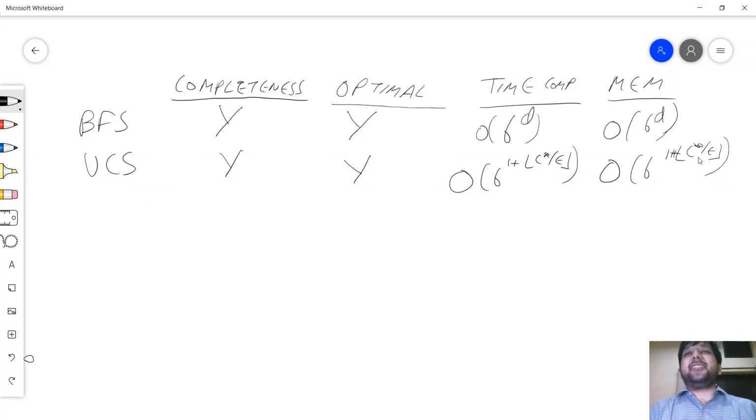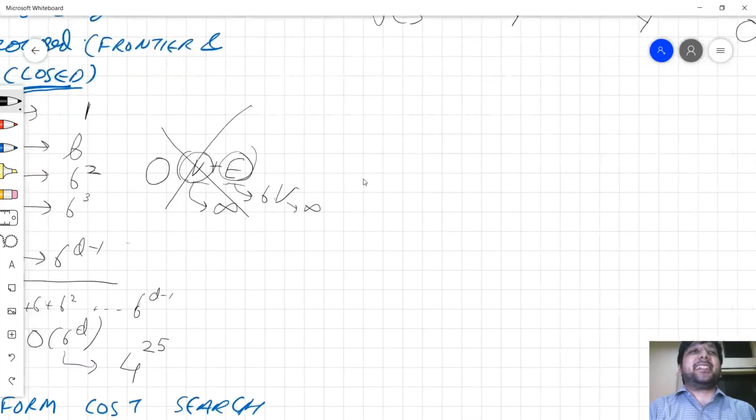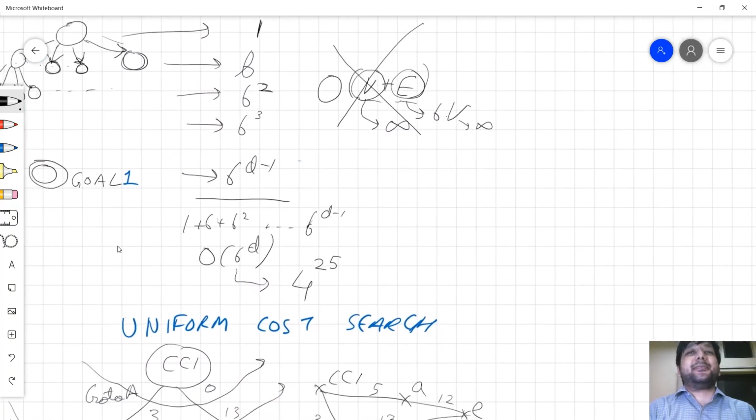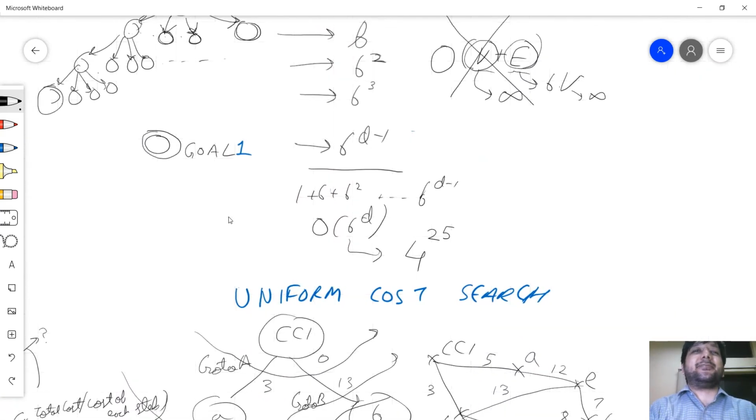Again, please do not say V plus E. Saying V plus E is linear, yours is exponential. V could be infinite. In AI, the graph is not always a finite graph. And yes, V itself is exponential in the number of state variables.